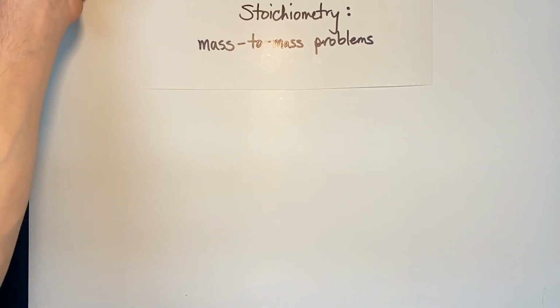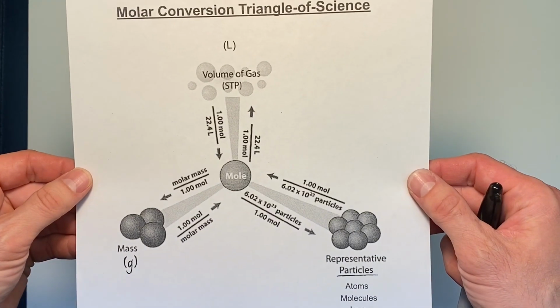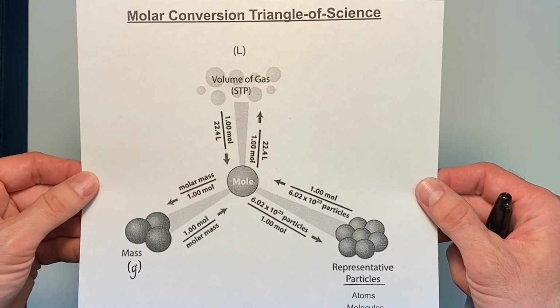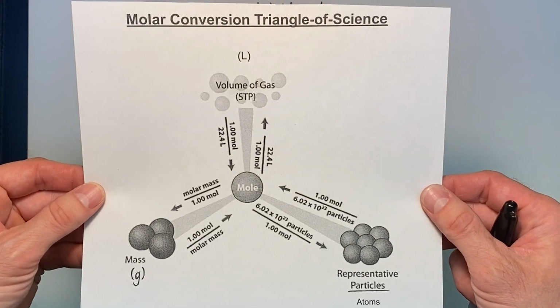Stoichiometry is the unit that uses our molar conversion triangle of science. We first used this in Unit 9 when we studied the mole.